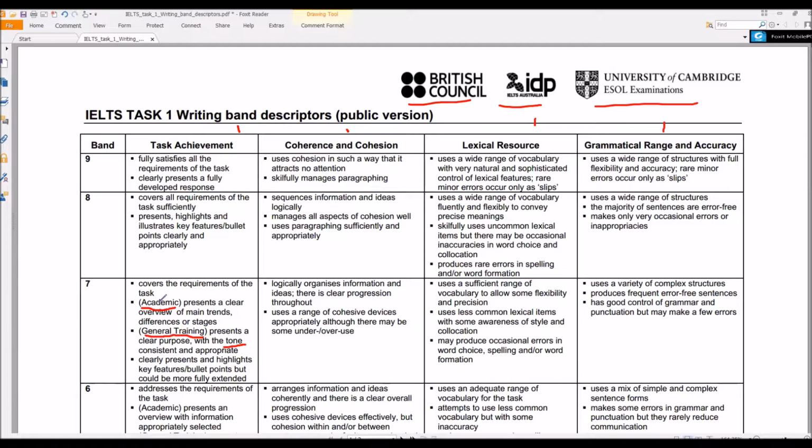So one thing here, a very common mistake that lots of people make, which I hope that you don't, they don't include an overview. In other words, a summary sentence after your introduction that tells you what the main general features or trends are. What's the biggest, what's the highest, etc. Now, you don't put any detail in the overview.